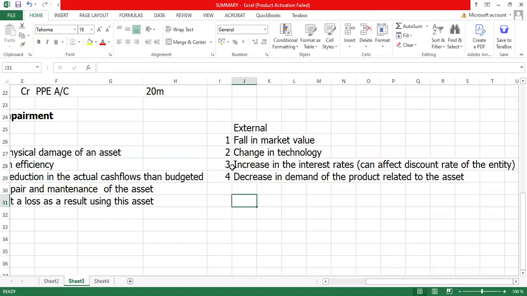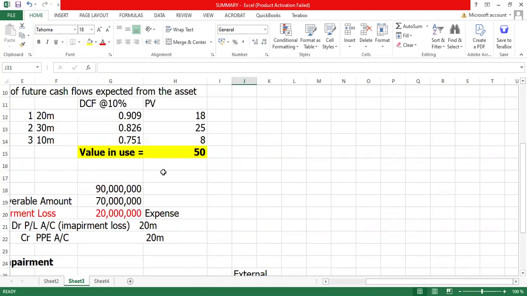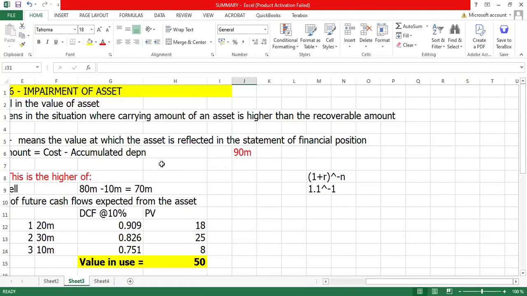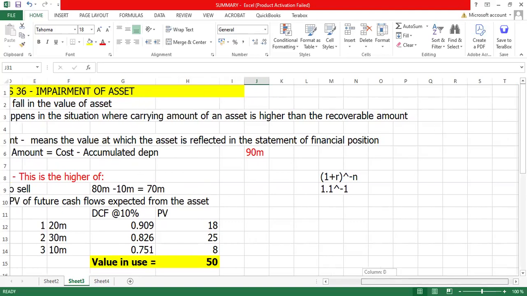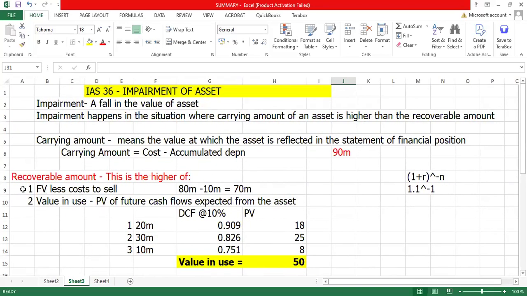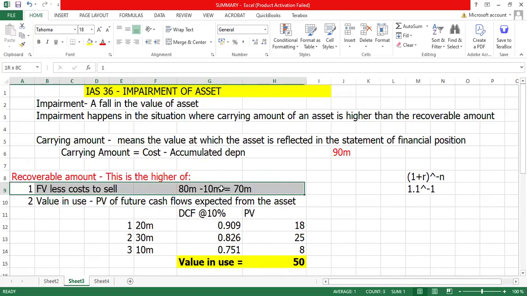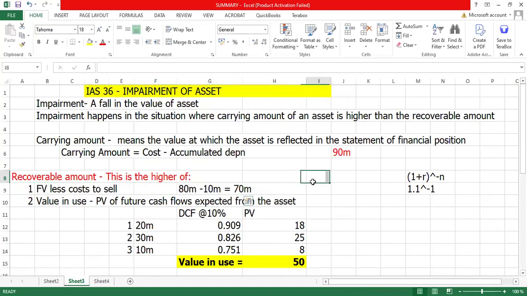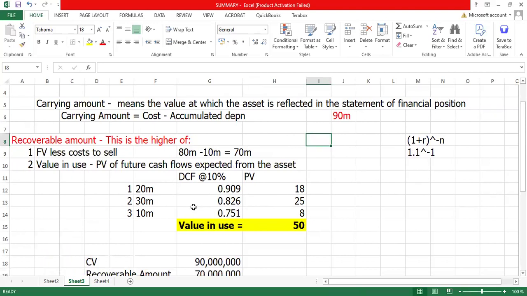Decrease in demand means that you're going to sell less, and at the end, you will not get this fair value.